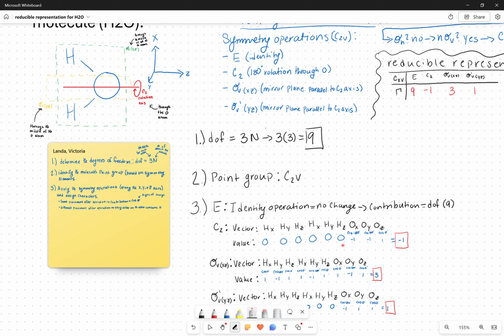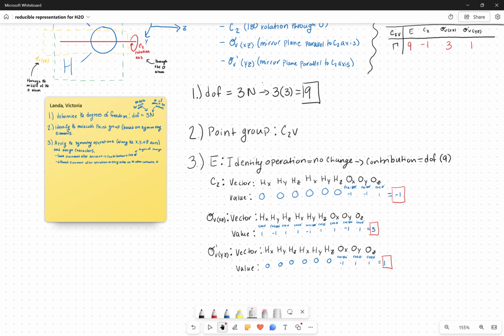So we are going to be contributing cosine of 0 degrees, which is equal to 1. The X and Y positions are, however, going to rotate by 180 degrees each, which will equal -1. So when we add all these values together, we get an overall value of -1.